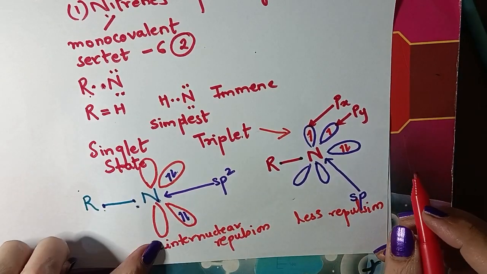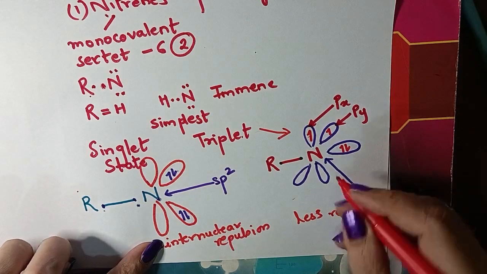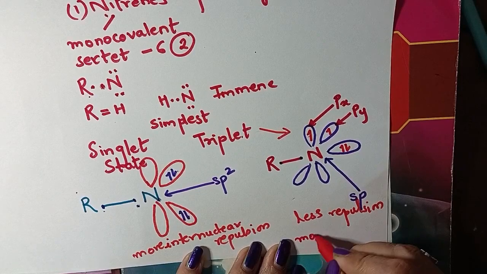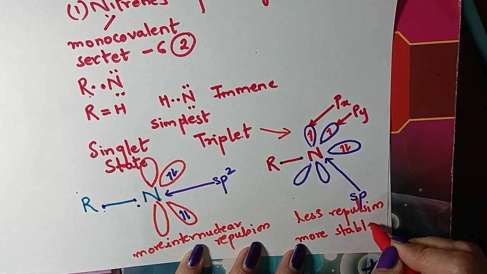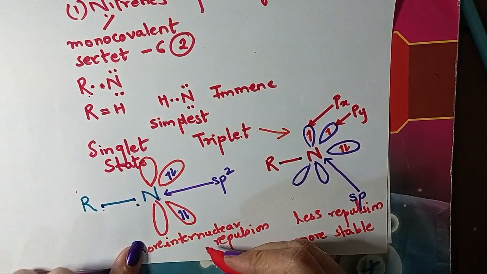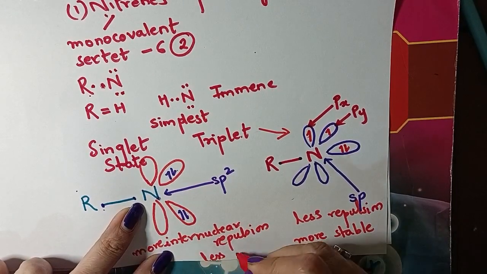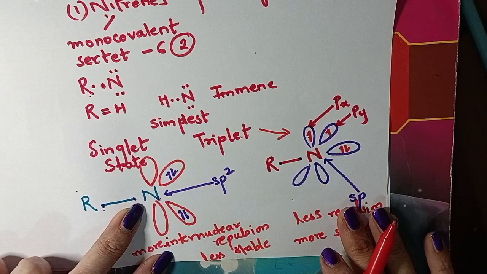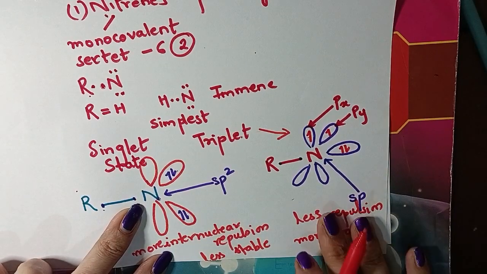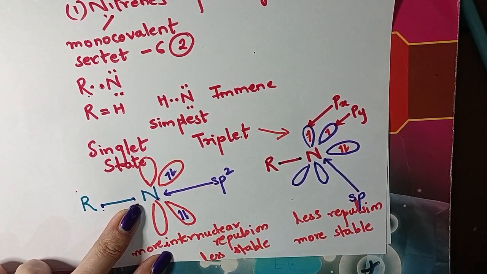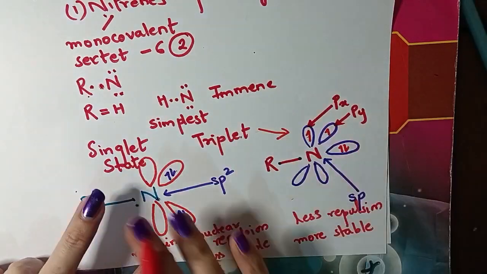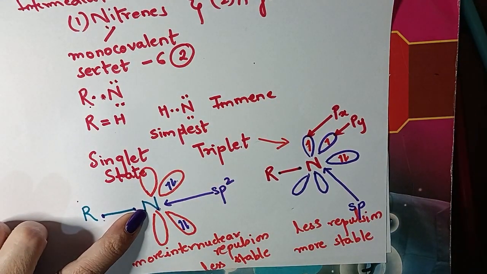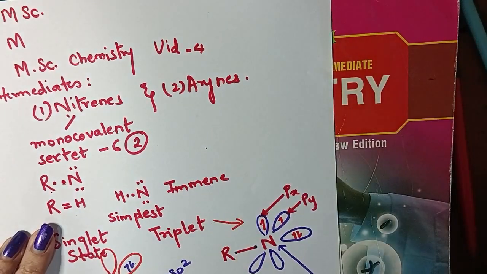Since the repulsions are less, this triplet state is more stable. And here it becomes less stable. This triplet nitrene behaves as though it is in the ground state. Now, this whole figure, this singlet state and the triplet state, can be shown like this.